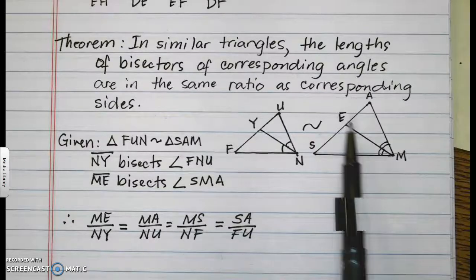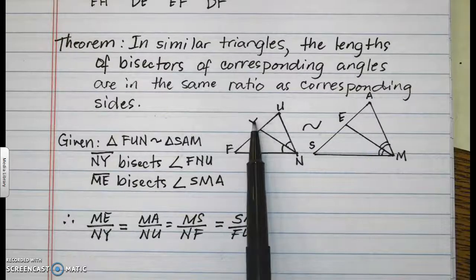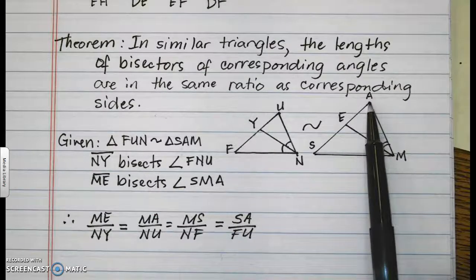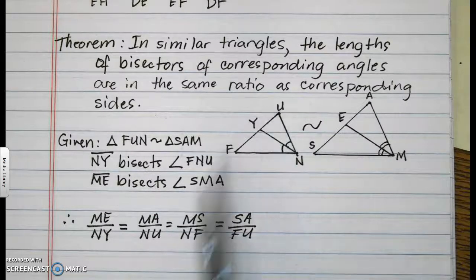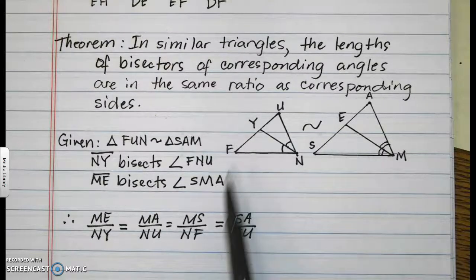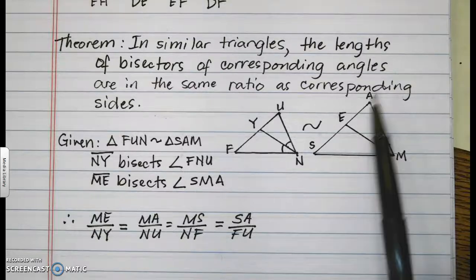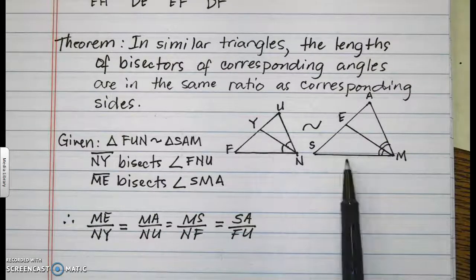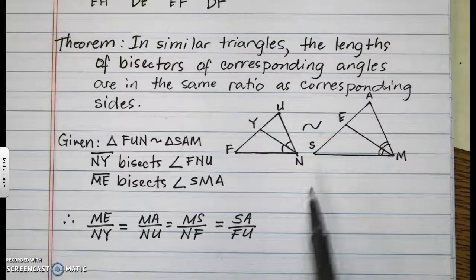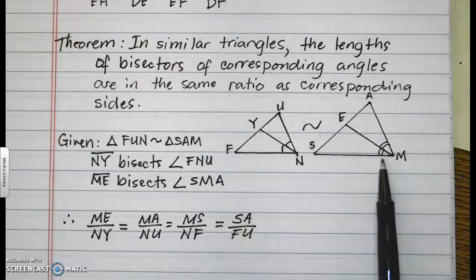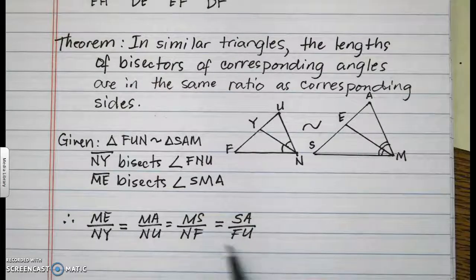So ME over NY is equal to MA over NU, and is equal to MS over NF, and is equal to SA over FU. Once again, because these are similar triangles, you can actually interchange and start with the smaller, going all the way to the bigger, but make sure that you're consistent when you do that.